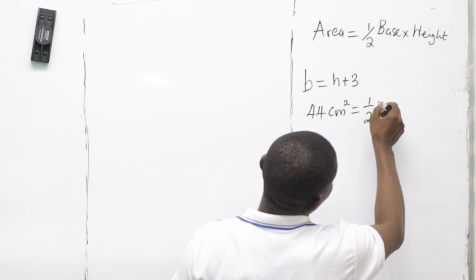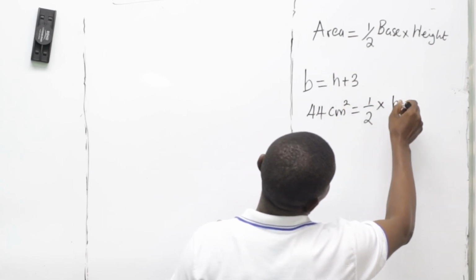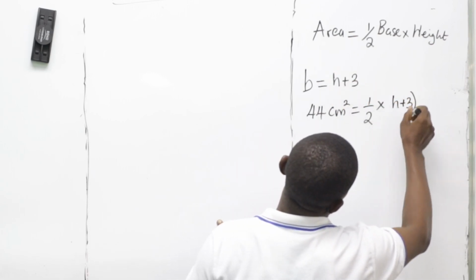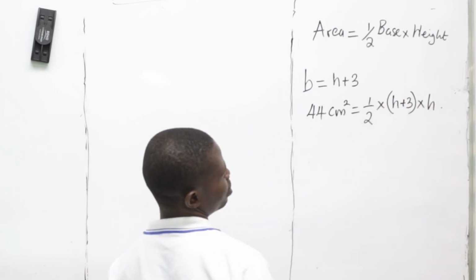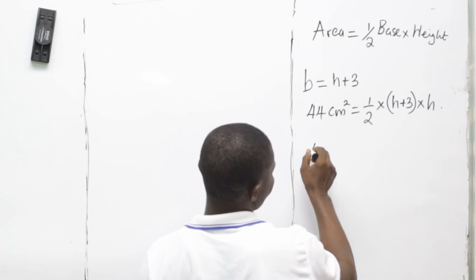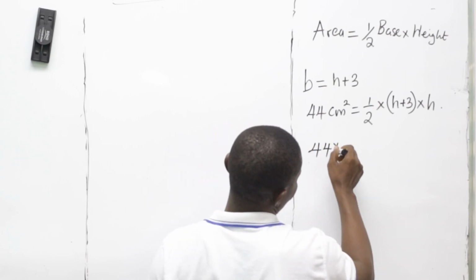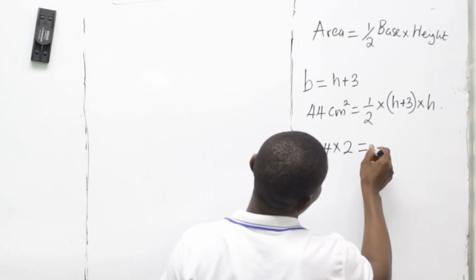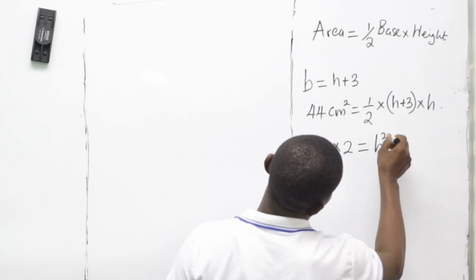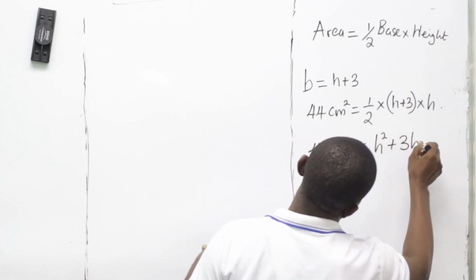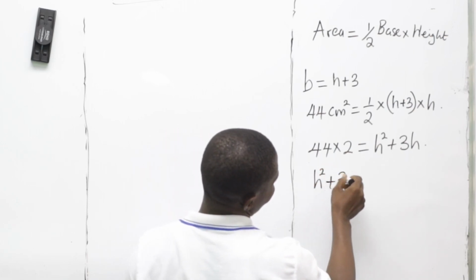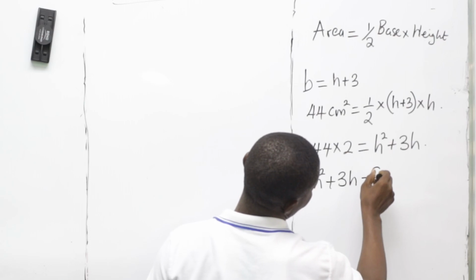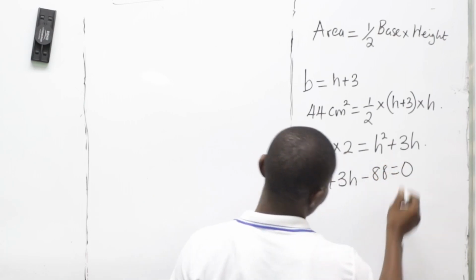What is the base? Base is h plus 3, times who again? The height. So I cross multiply by saying that 44 times 2 equals h squared plus 3h. So that's h squared plus 3h minus 88 equals 0.